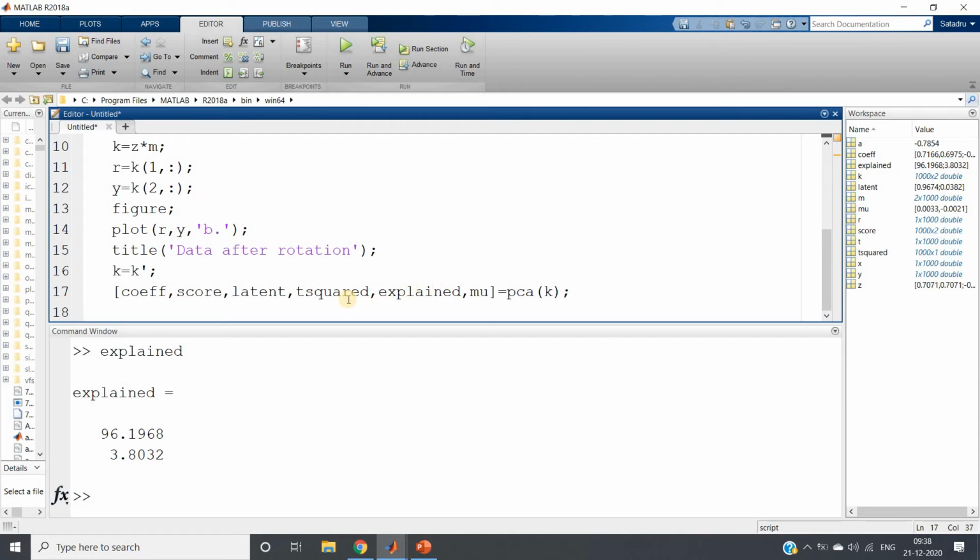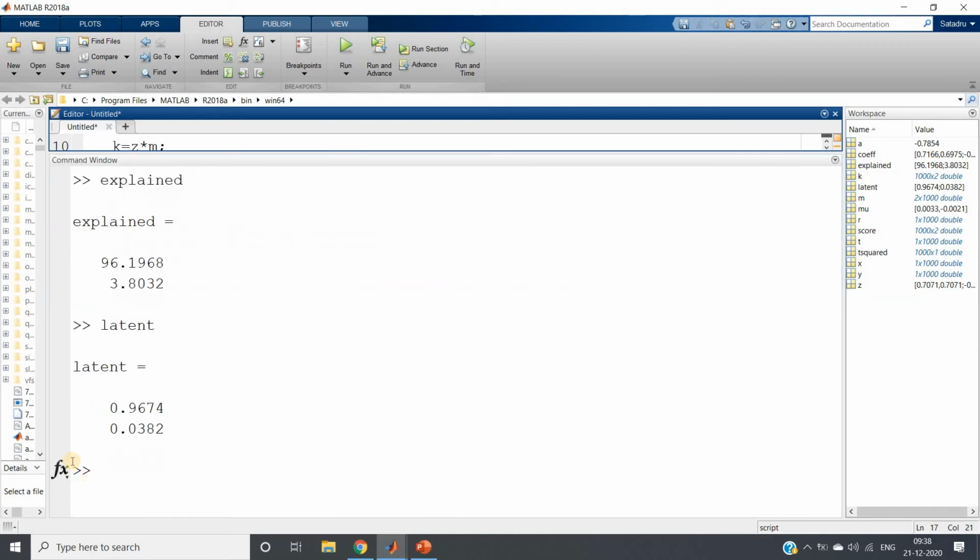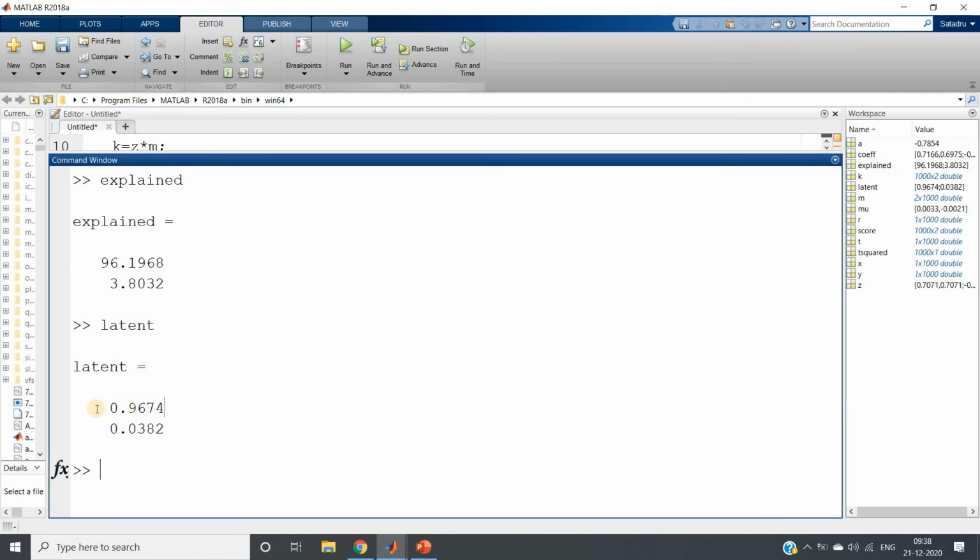The latent gives us the actual variance. Let me evaluate this, and this is our latent. The first principal component is explaining 0.9674 amount of variance, and the second one 0.0382.